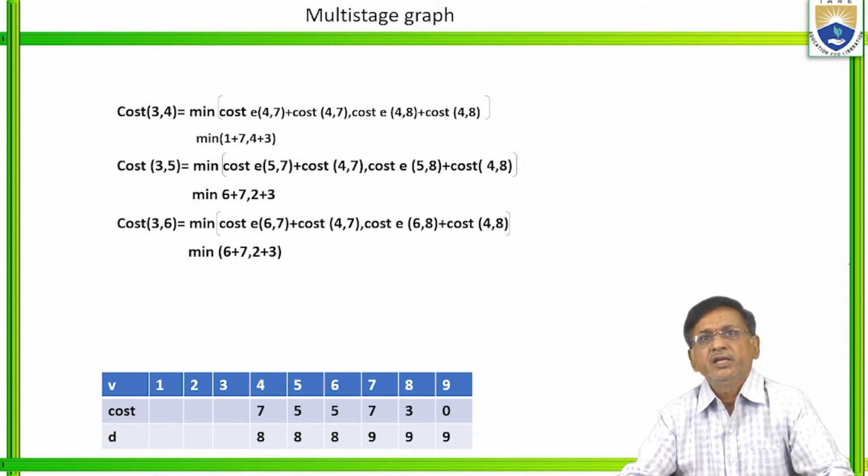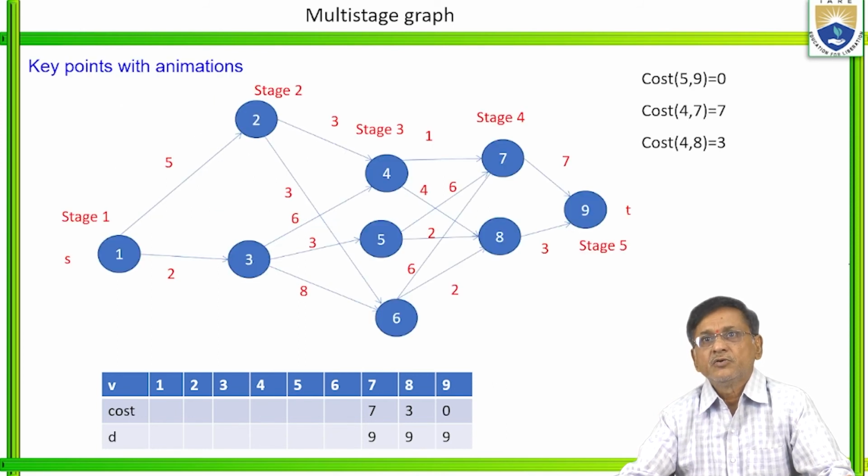Then coming to the vertex 6. From 6 again, there are two paths. One is 6 to 7, another one is 6 to 8. You can find out the cost by considering the cost of an edge 6 to 7 and cost of vertex 7, and for 6 to 8, cost of an edge 6 to 8 and the cost of the vertex.